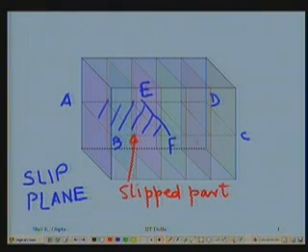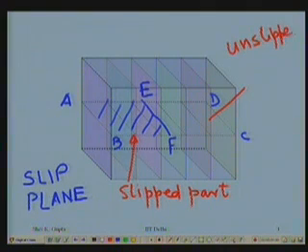And this C, D, E, F is called the unslipped part. But you notice that slip is a relative term. If I call this the unslipped and that the slipped, somebody can call that the slipped and this the unslipped.